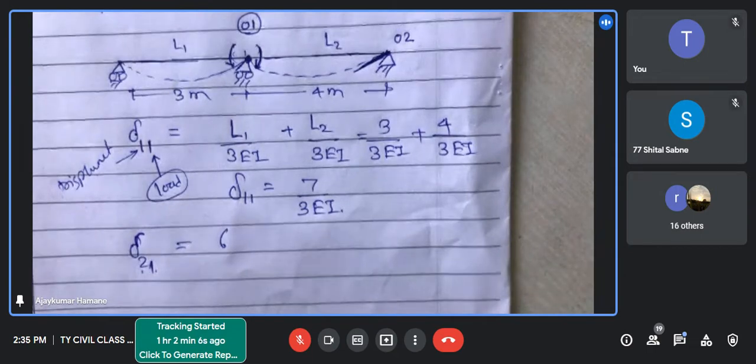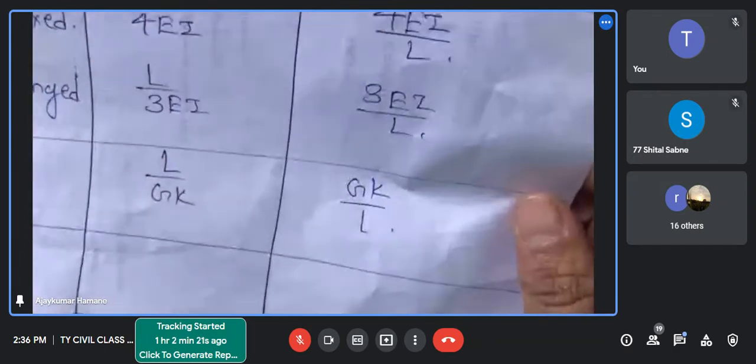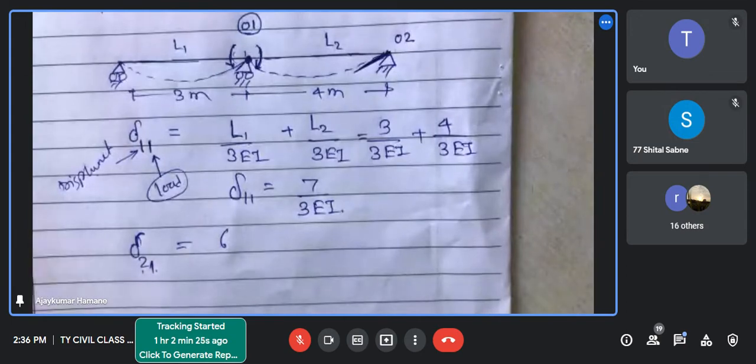Remember that sketch? Find out where that sketch is. I explained with a neat sketch.